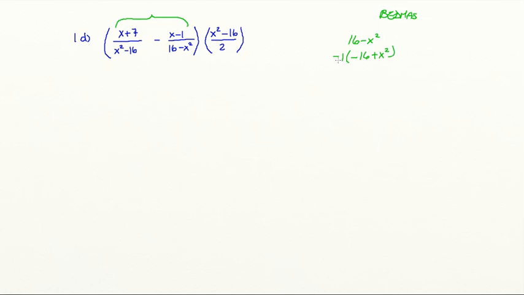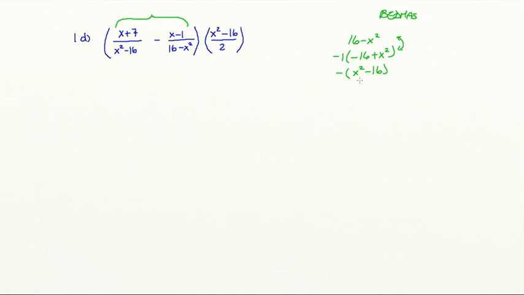If I multiply this through, I have negative 1 times negative 16, which is 16. Negative 1 times positive x squared is negative x squared. So these two things are the same. And then now I can just rearrange the stuff inside the brackets. So it is x squared minus 16, which is what I want.